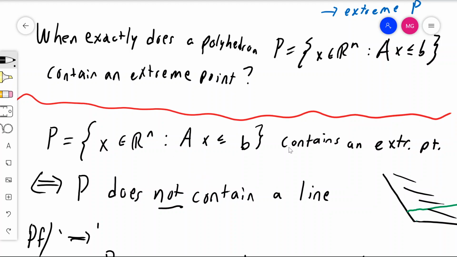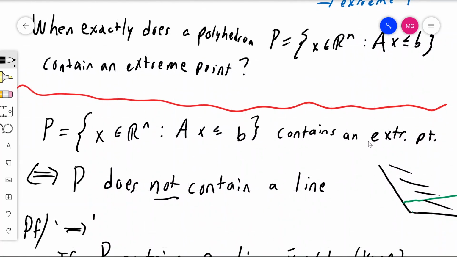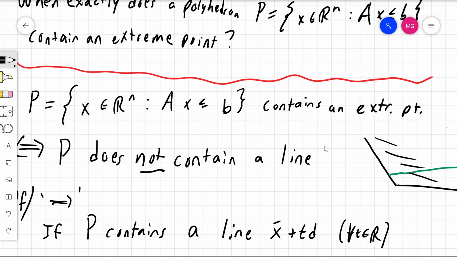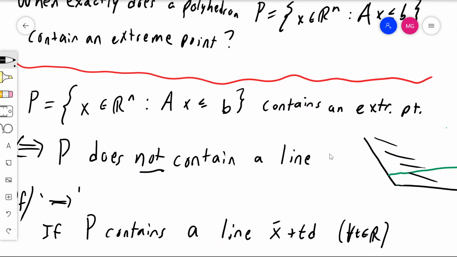The idea is that these two things are incompatible with each other. Extreme points and lines cannot exist in a polyhedron simultaneously because a line is infinite, and there's some sense of boundedness of a polyhedron. Either your polyhedron will have a line or it will have an extreme point, but never both, and always one or the other.